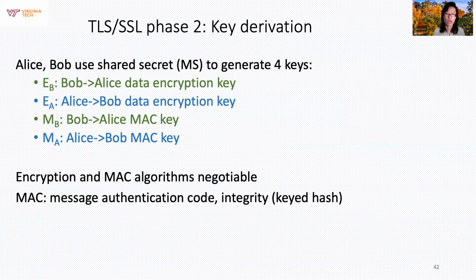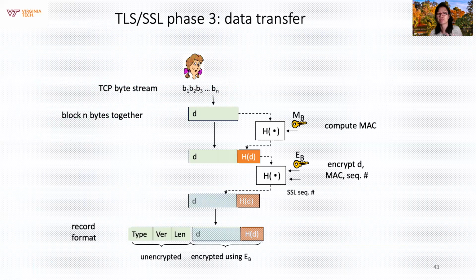For TLS, we have different directions using different encryption keys, because the bulk encryption is all based on symmetric encryption. So one direction is one key, the other direction is a different key, and there's also a message authentication code key, the MAC key, for message integrity. Recall that this is just a keyed hash, and that's a different key from encryption.